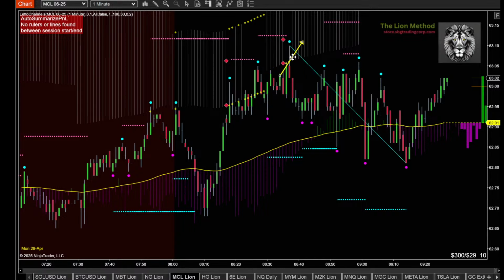Put our stop up in this area. Okay, so we're short here. Our stop doesn't get hit. Our target, though, is actually right down here. See that? Because this lines up, and then we go here and we hit it. Boom. If we don't hit it there, we certainly hit it there. So target in crude has been achieved.